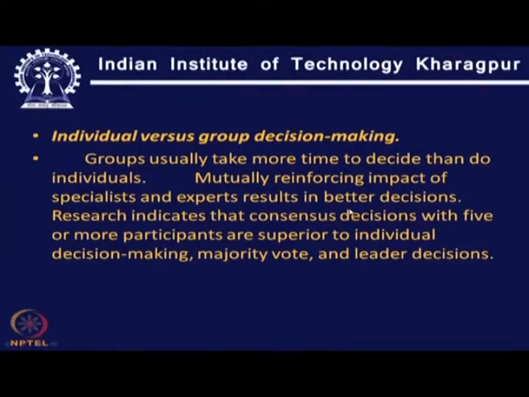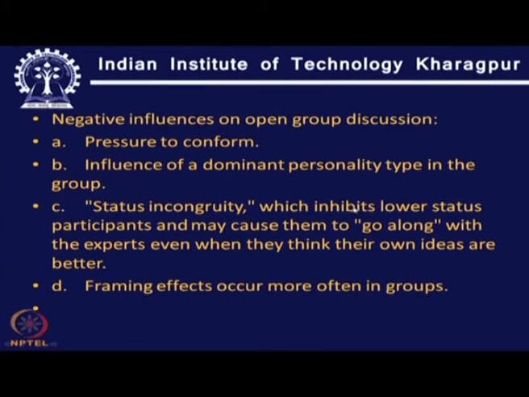Now, in group decision making, we can see that because there are pressures to conform, an influence of a dominant personality type in the group, status incongruity and framing effects, all these negative influences on open group discussion give rise to two phenomena in group decision making, which are called groupthink and group shift.